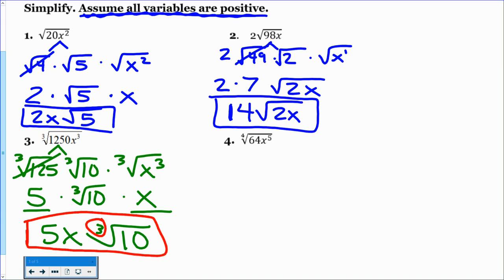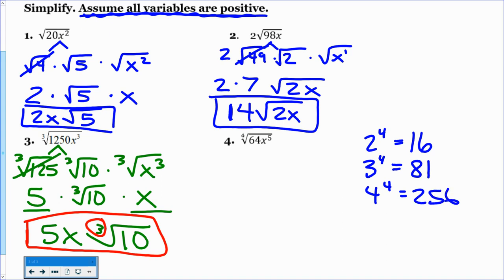Okay, for number 4, now I'm looking at fourth roots. So I'm looking for, is 64 a perfect fourth? It's not. Let's write down some perfect fourths. So 2 to the 4th is 16. 3 to the 4th is 81. 4 to the 4th is 256.